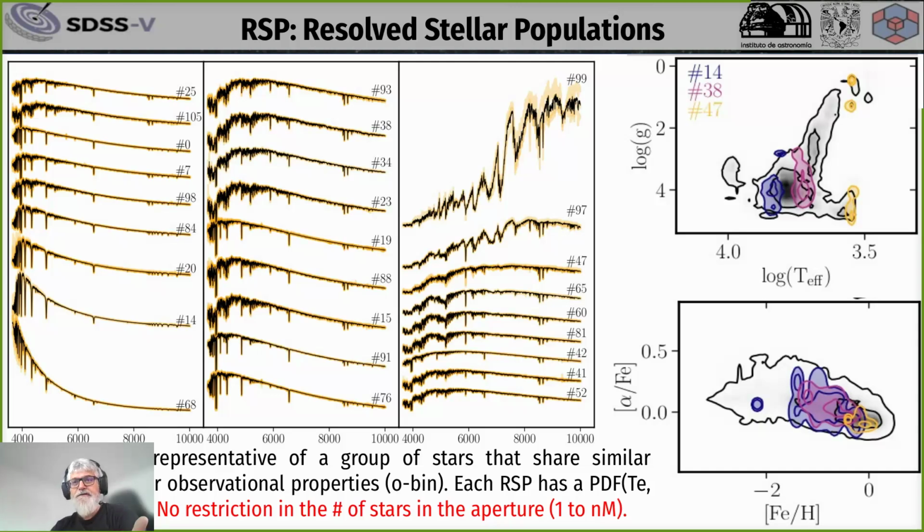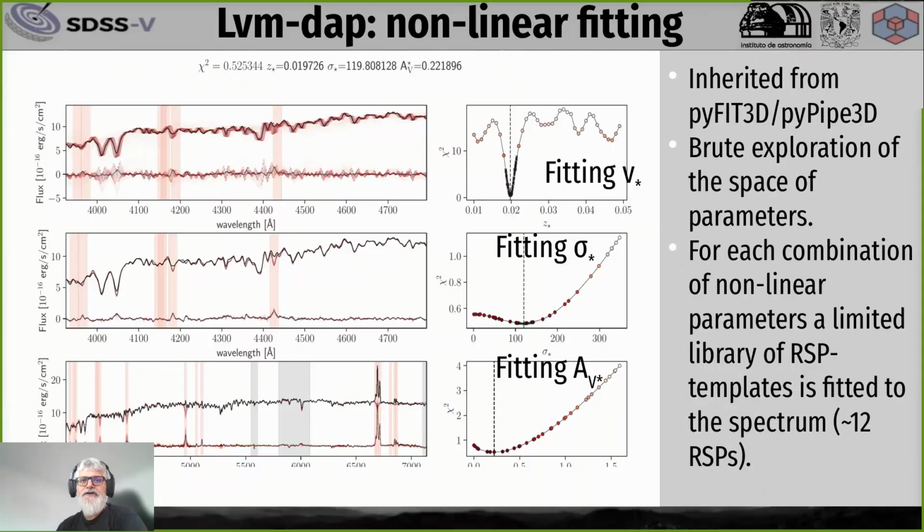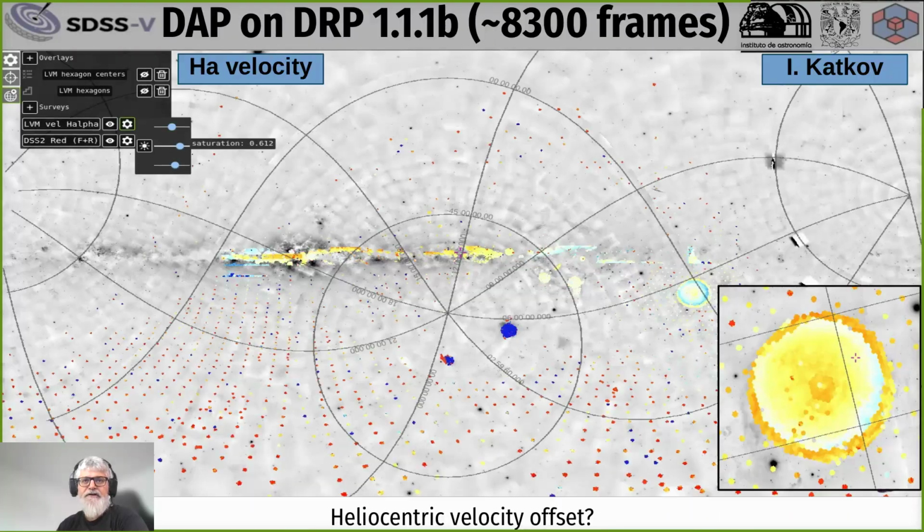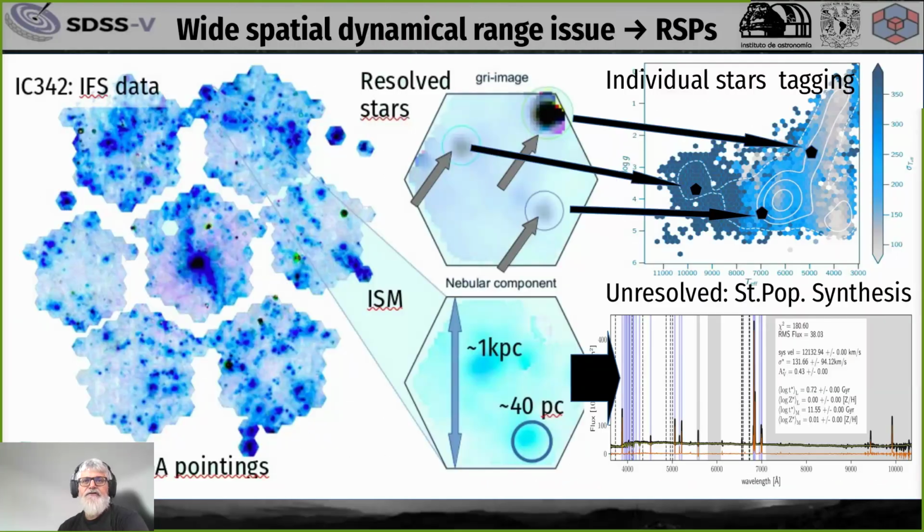Why do we take this approach? As I said before, you cannot use the classical approach. Sorry, I have to jump to another slide that is at the end. So this is the situation that we are dealing with. That's a case example of the data we took with MaNGA on IC342.